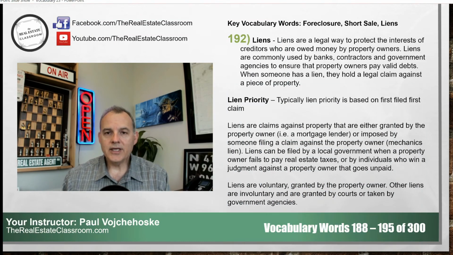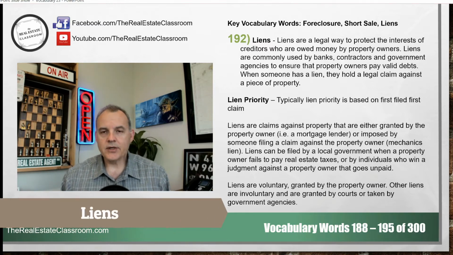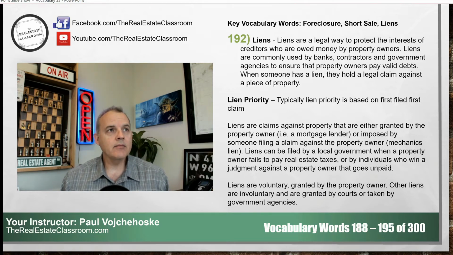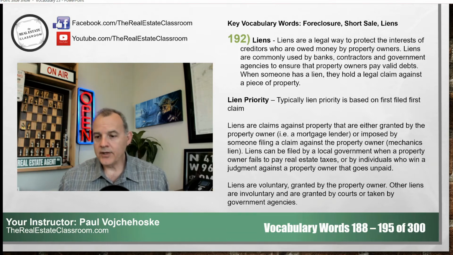Number 192 is liens. The rest of this video, we're basically going to talk about the different types of liens. Now, liens are a legal way to protect an interest of a creditor. If somebody borrows money to purchase a home, they go to the bank, and the lender is going to place a lien against the property in case of default, and they can foreclose.